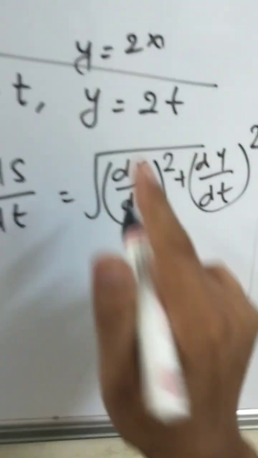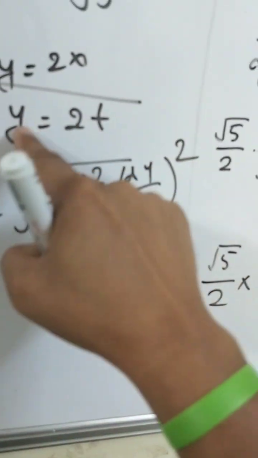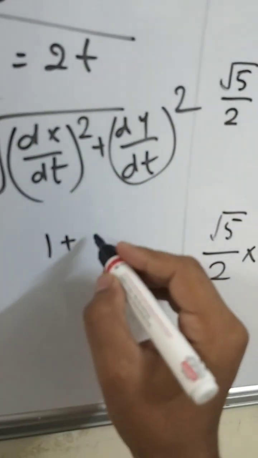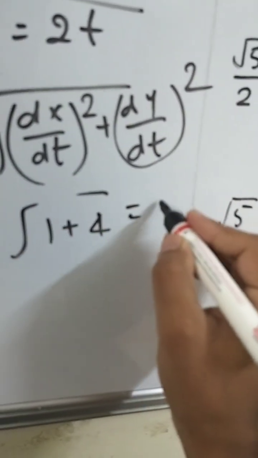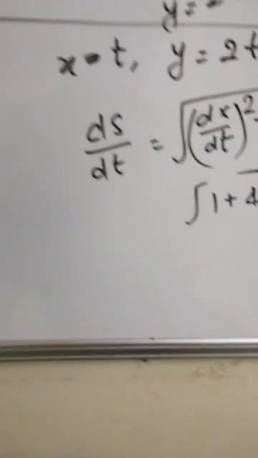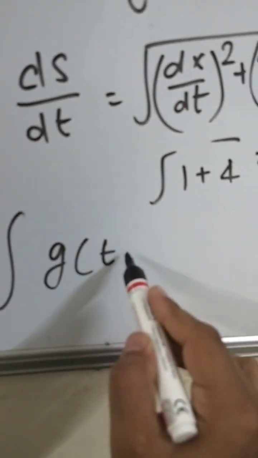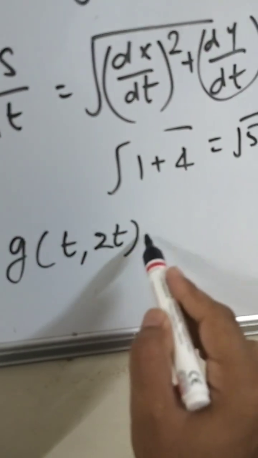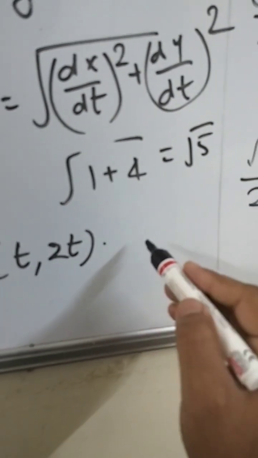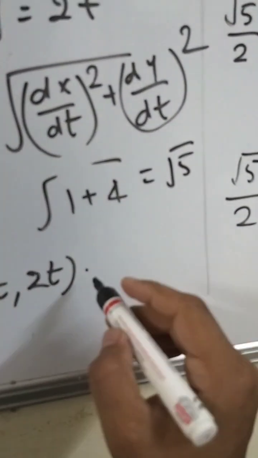Dx by dt will be 1, so the square will be 1. Dy by dt will be 2, 2 whole square is 4, so it will again come root 5. So in that case we change the integration, x equals t, y equals 2t, into ds by dt.